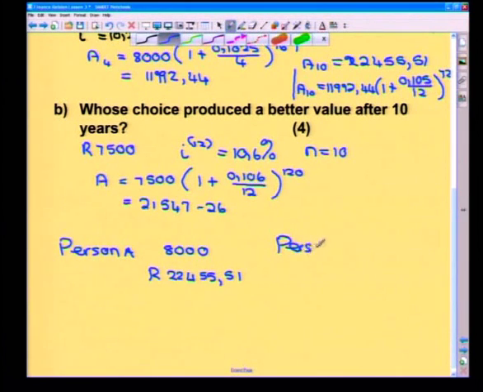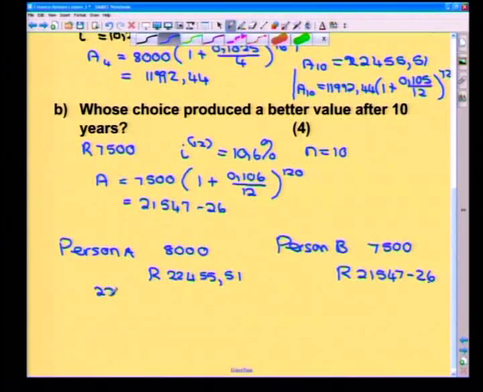Person B invested 7,500 and has ended up with 21,547 Rand 26 cents. Right, so now we ask ourselves, how do we compare these? Because they invested different amounts. The thing that was the same is how long they invested it for. So one of the things we could do is we could look at the percentage increase that they made on their original investment.